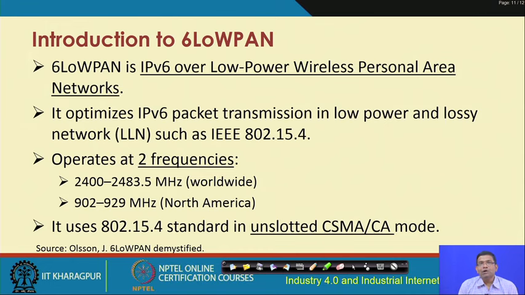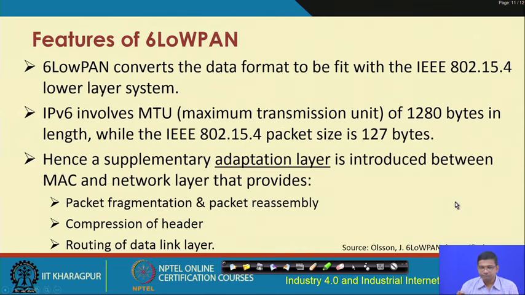One is the 2400 to 2483.5 megahertz frequency band, which is used worldwide, and the other one, in North America, is the 902 to 929 megahertz band. It uses the 802.15.4 standard in the unslotted CSMA-CA MAC protocol mode.